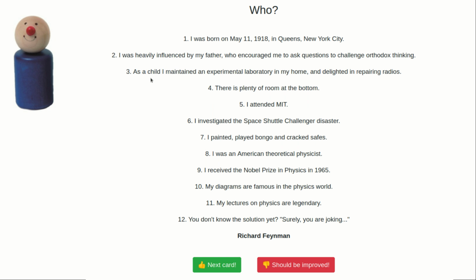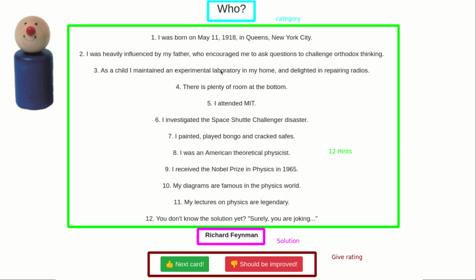So one could click on play English or play German to play an English card or a German card. And when you click on that, you will see this card. As you can see, this card always consists of a card's category, in this case a who, which means the hints that are given here are leading to a person. In this case, it's the person Richard Feynman.